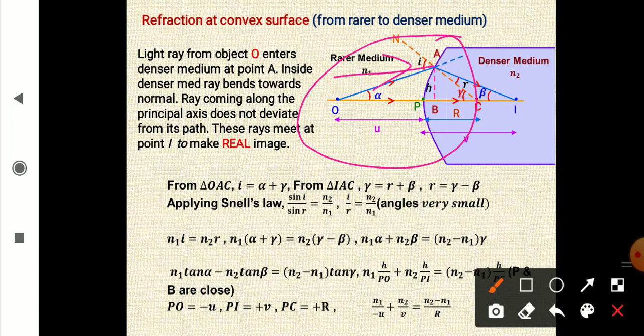All distances are measured from the pole. So it is measured opposite to the direction of the incident ray, so PO is negative. PB is along the direction of the incident ray, so PB, which is V, the image distance, is positive. PO is minus U, and R is also measured along the direction of the incident ray, so PC is plus R.